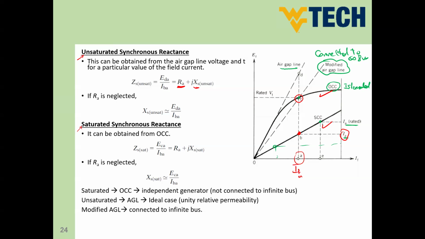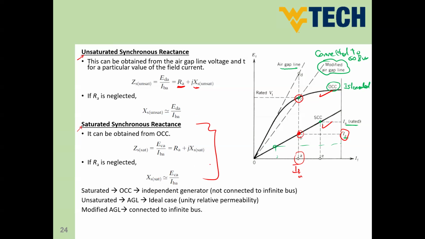It's nothing but V rated phase divide IA at this point B. So for that, the relation is ZS saturation equals ECA, so the volt of CA, which means from point C to point A, which is the rated phase value volt, divide IBA, which is the current at the field of the rated volt. So this is how can we calculate the impedance. And again, if we neglect the armature resistance, this would be the synchronous reactance. This is for the saturated impedance.